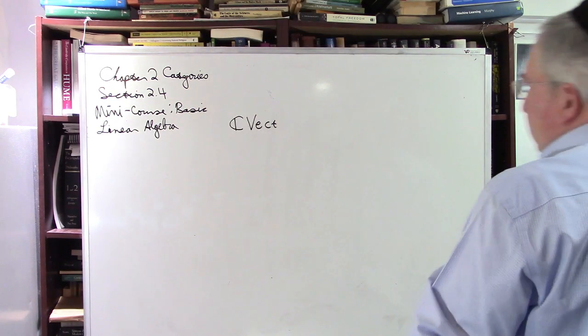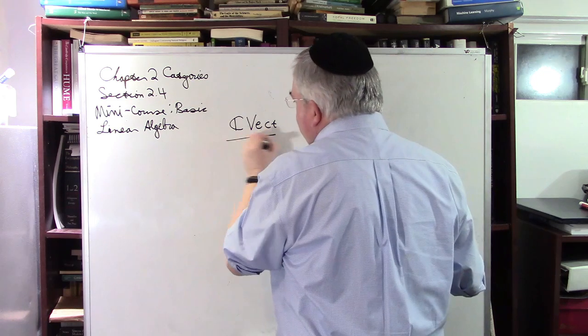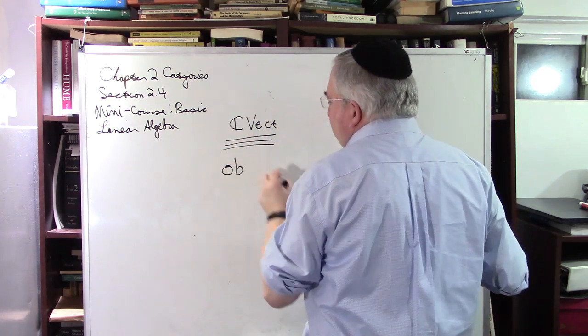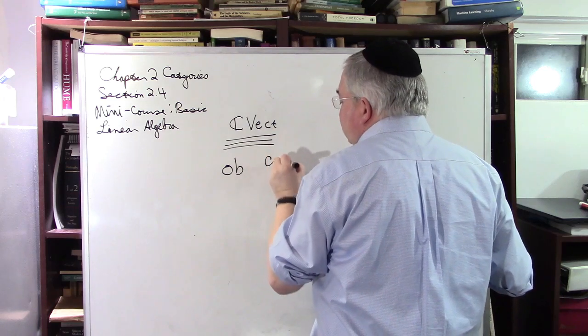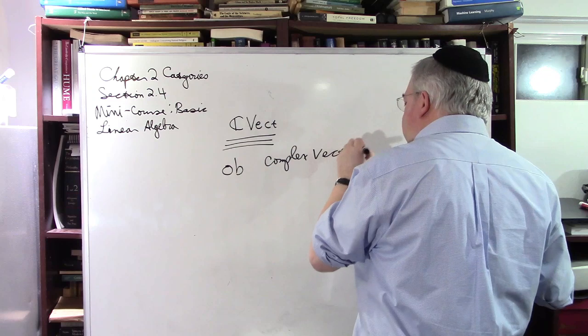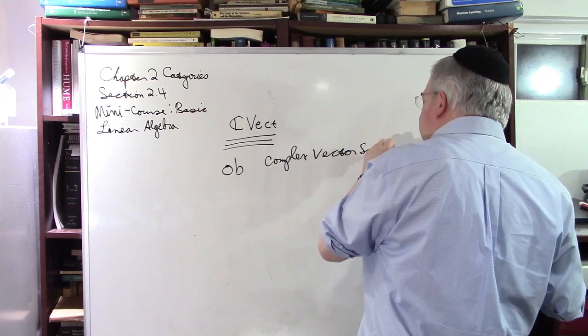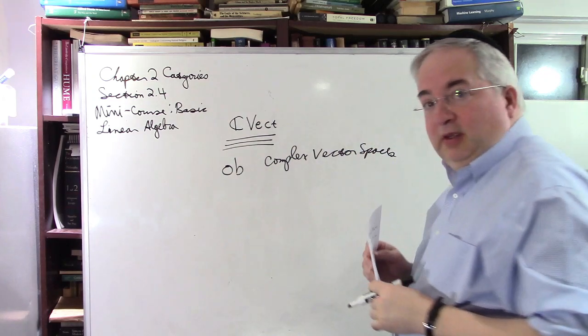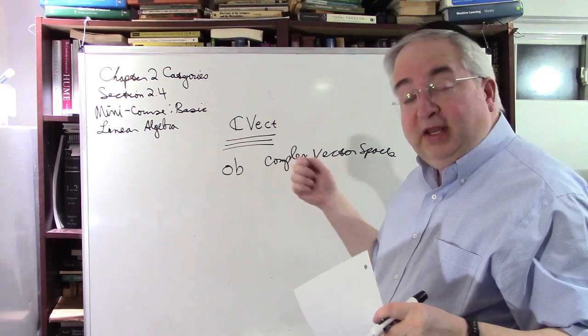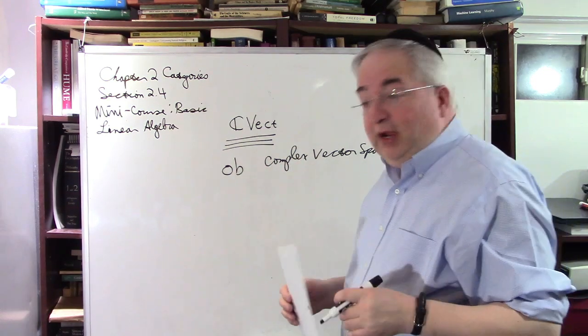Let's start talking about this category, and let's foreshadow a little. The objects of this category are going to be complex vector spaces. There's going to be a lot of them. This is the category of all complex vector spaces, and the main thing is how they interact with each other.